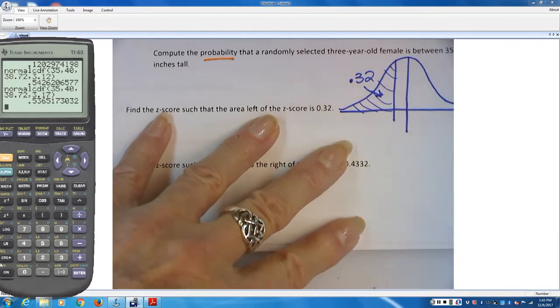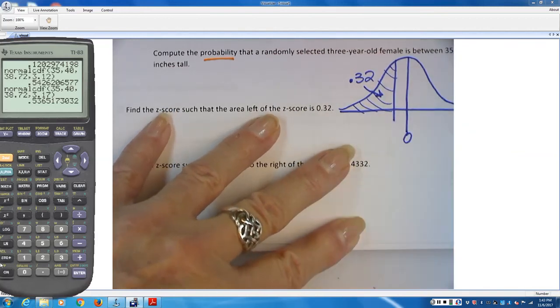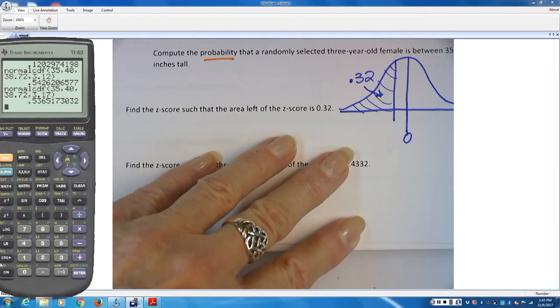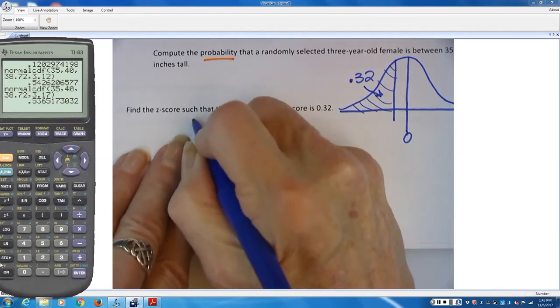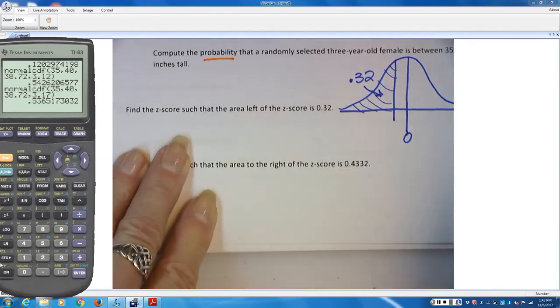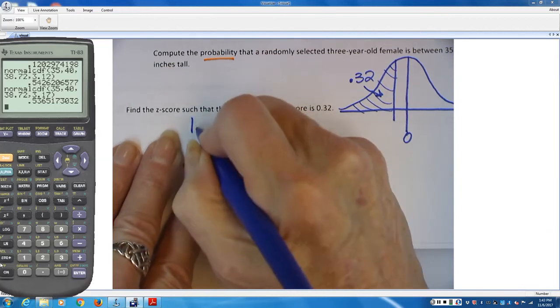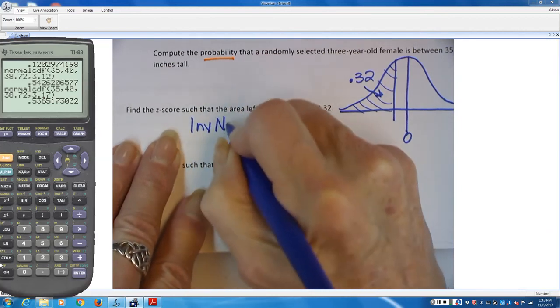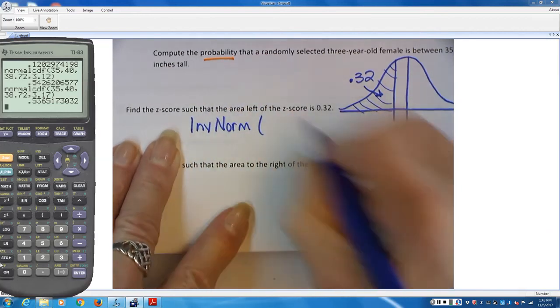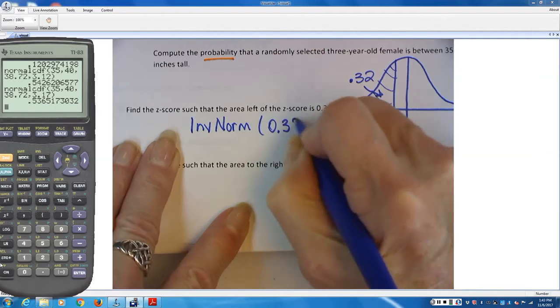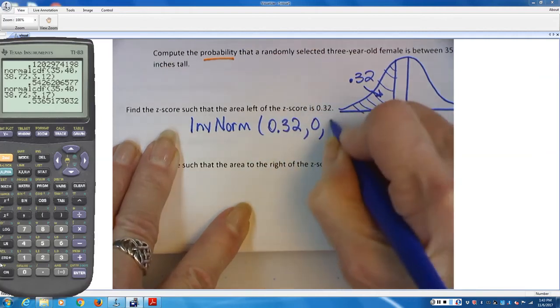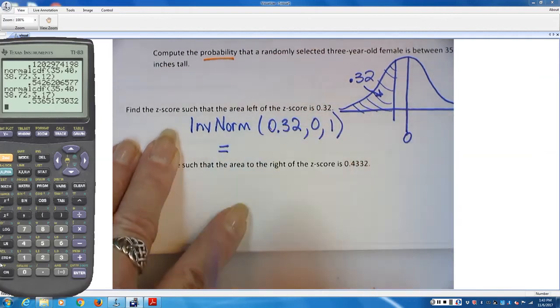And since it's less than half, then it's below the mean of the z-scores, which is 0. So we're going to use inverse norm, because we're given area. And the area to the left is the 0.32, and the mean is 0, and the standard deviation is 1.